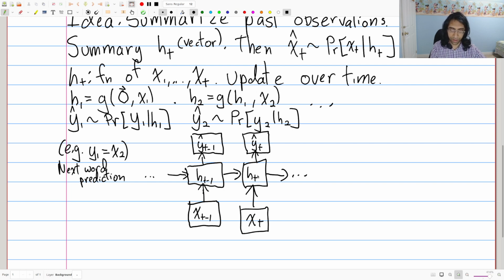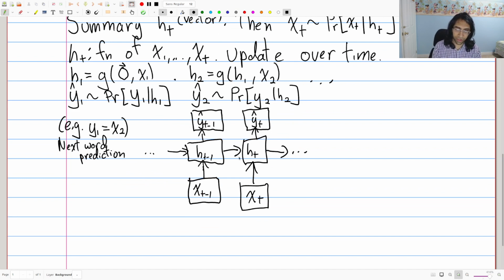And then, based on the hidden state, we make some sort of prediction. Of course, this just illustrates how the information flows. What we haven't talked about is what the arrows represent. They just say that somehow we do some computation. h_t is some function of h_{t-1} and x_t, but it's not clear what function.